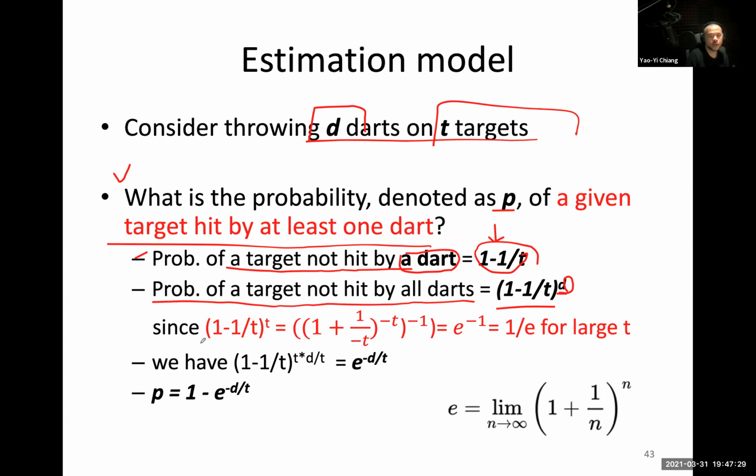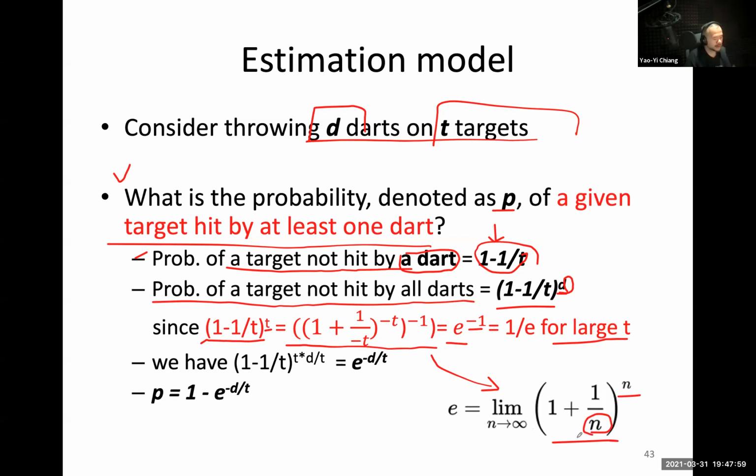And since (1 minus 1/t) to the power of t can be e to the power of -1 for large t. Why? Well, because of this. Your Euler number is (1 plus 1/n) to the power of n when your n is very large, right?